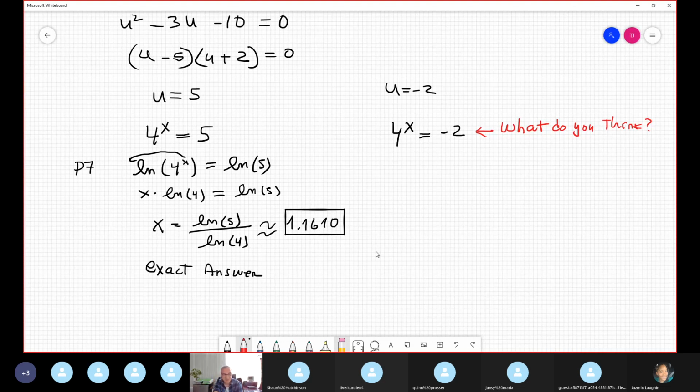But if you're using log, please practice, Sean, solving both ways, using ln or using log. Let me try my calculator. 5 divided by 4. Boom. Yes. Yeah, you're right. 1.1610. That's the answer.